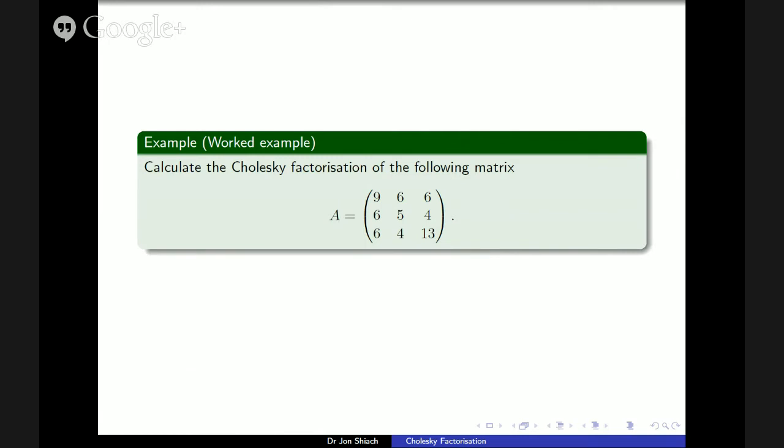L32 was 0. L33, we're trying to calculate. So 13 minus 4 is 9. So L33 squared is 9, therefore L33 is 3.